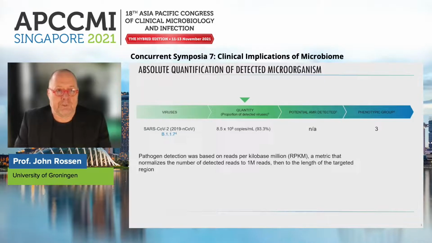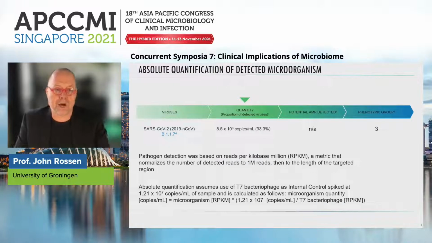When we look a bit further, we can do more with these kinds of technologies, because as I told you, when we add internal control into our clinical samples, we can use this to also absolutely quantify the detected microorganisms. In general, pathogen detection is based on reads per kilobase million, RPKM, a metric that normalizes the number of detected reads to 1 million and then to the length of the targeted region.